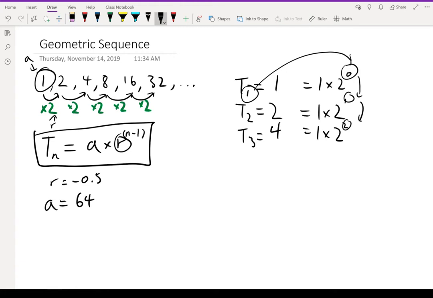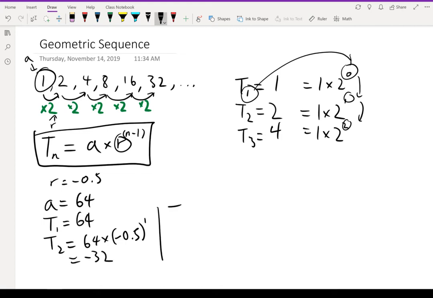So my sequence will be, first, t of 1 is just 64 times 1, which is just 64. And then t2 is 64 multiplied by negative 0.5 to the power 1, which is negative 32 in fact.